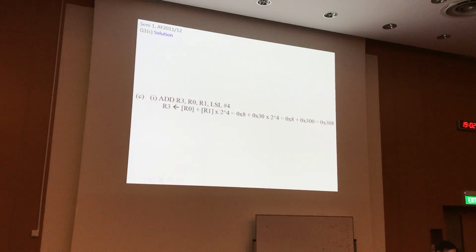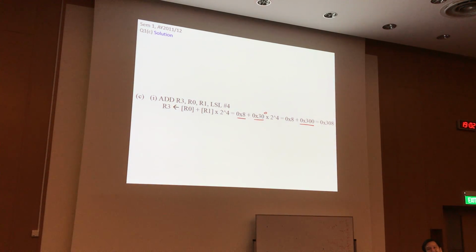If you look at the working, it is the value in R0, which is 8, plus the value in R1, which is 30, shifted left by 4. Shift left by 4 is like multiplying by 2 to the power of 4. If you shift left by 4, you introduce a 0 at the end in hexadecimal, and definitely please know how to map between hexadecimal and binary at the back of your hand.